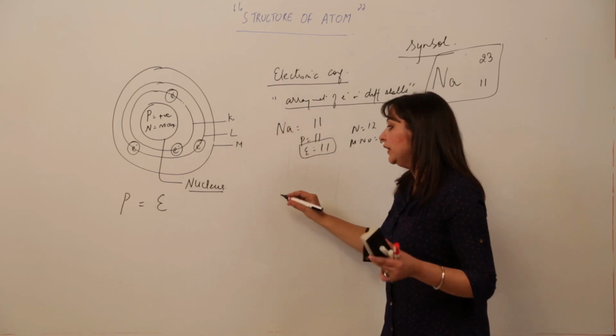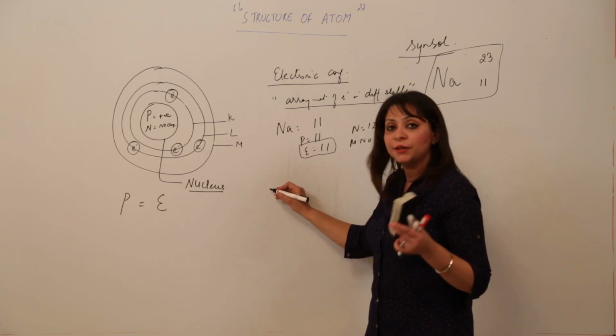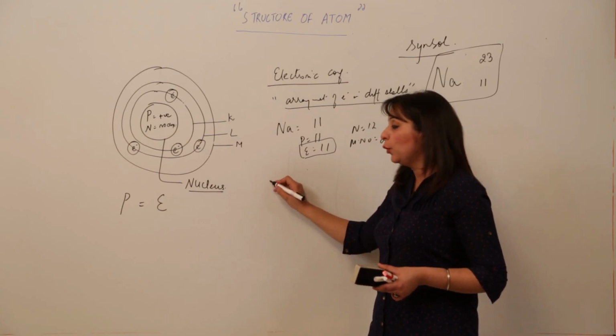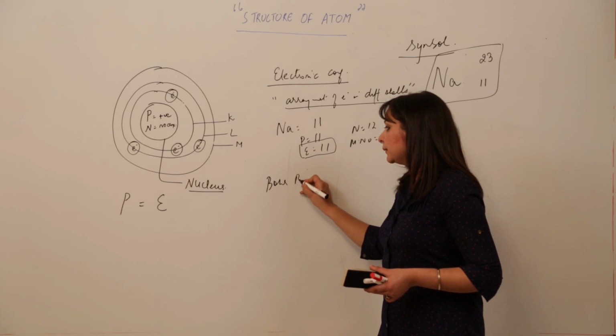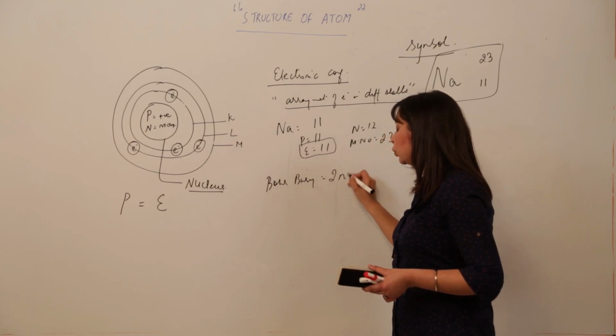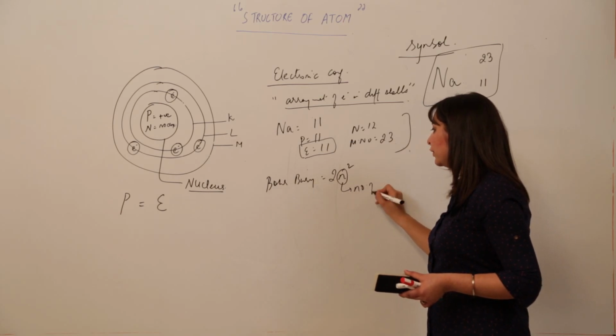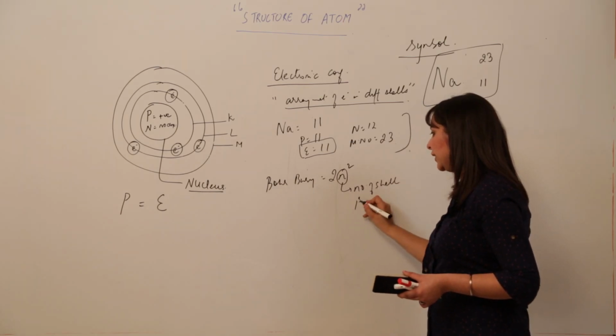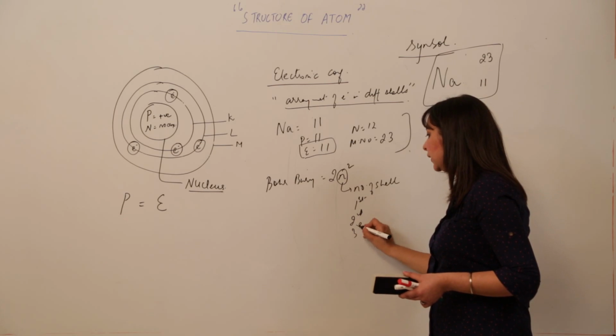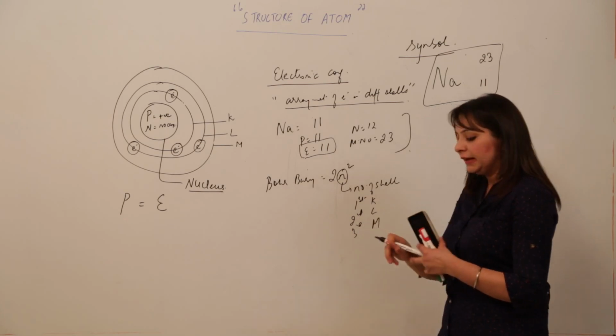As we have done in the Bohr-Bury rule, that is the Bohr model, Bohr gave the Bohr-Bury rule, that is 2n square. So what is this n? N indicates the number of the shell, whether it is first shell, second, third, or you can write K, L, M like this.